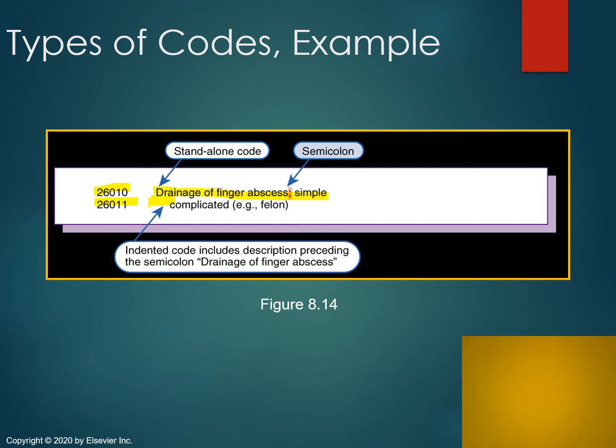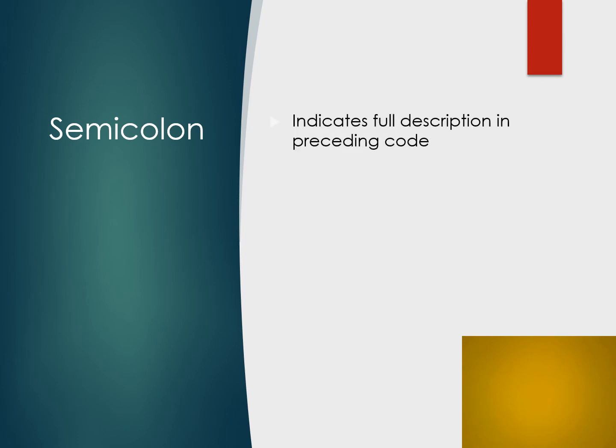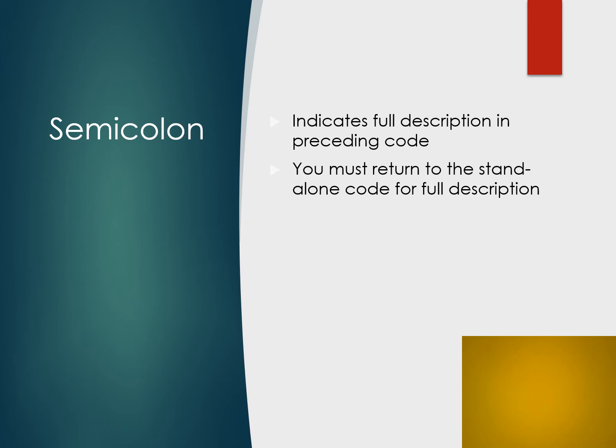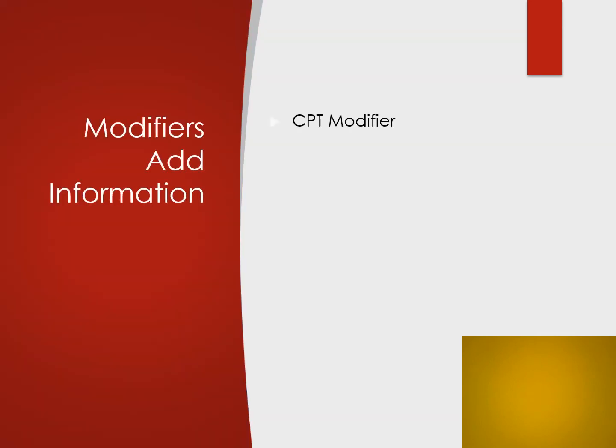So you'll see this again throughout your CPT book. Standalone code. And then when you see that semicolon, the following is simple, or it could be complicated. A semicolon indicates the full description in the preceding code. You must return to the standalone code for the full description.